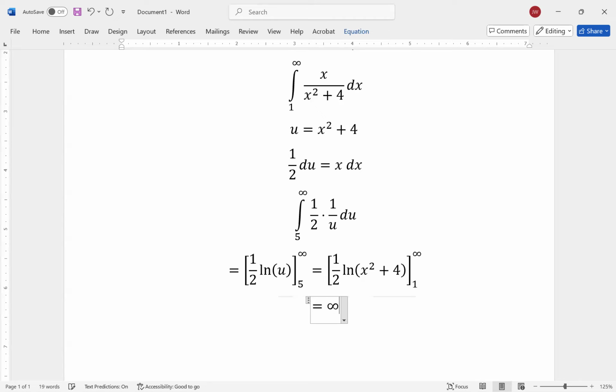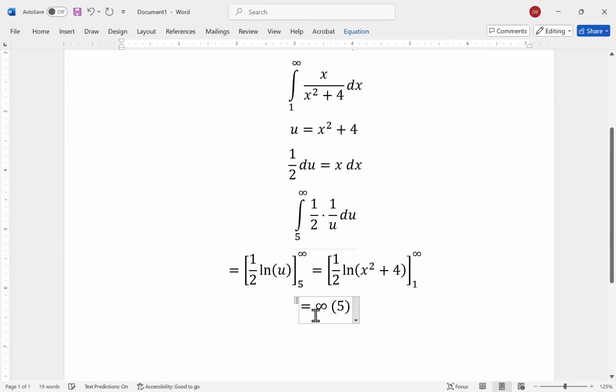So we'll get infinity. And then when I plug in 1 into this, I get 1/2 times natural log of 5. That's not going to matter a whole lot. 1/2 times natural log of 5 minus infinity is still infinity.